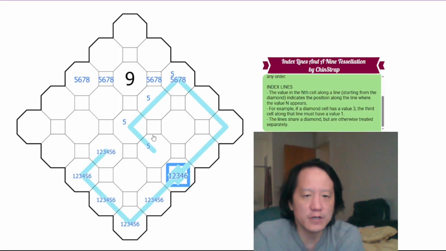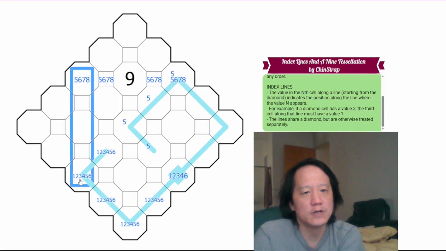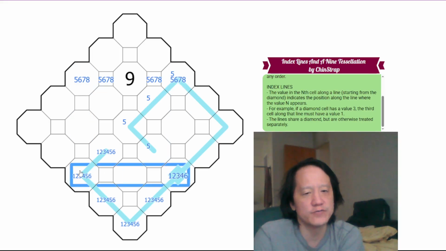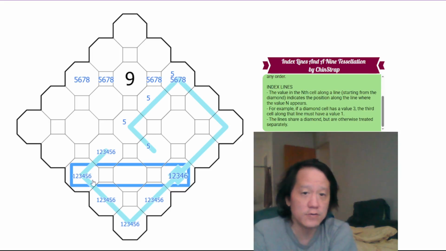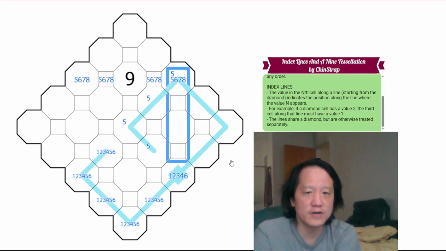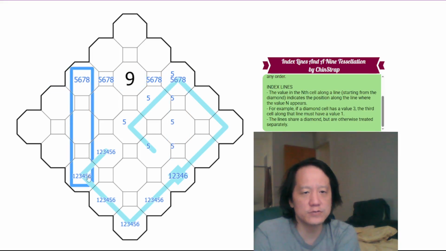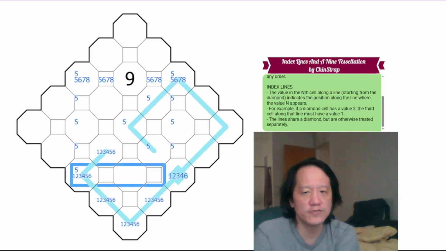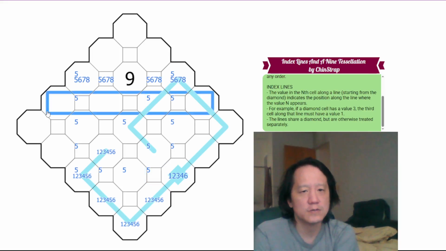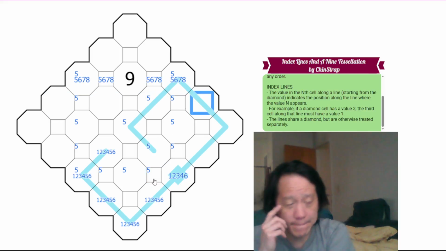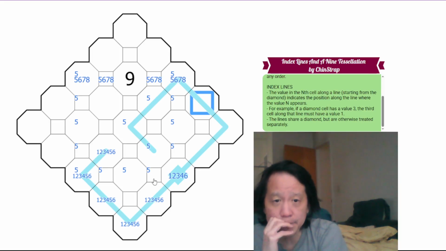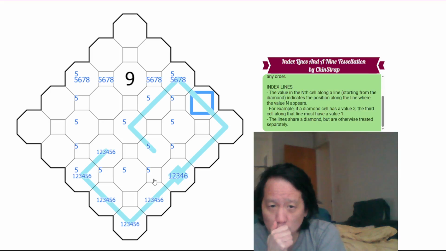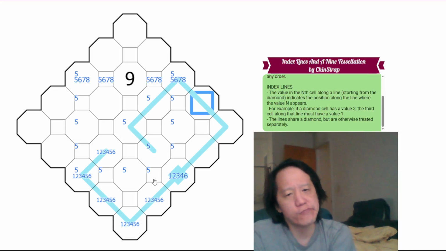We do know in row 3, column 3, column 7, and row 7, there's guaranteed a 5. So there must be a 5 in one of these cells. There's obviously a 5 in one of those. There must be a 5 in one of those cells. There must be a 5 in one of these cells. Does that help us much? I don't really know. What happens? Okay. Hmm.